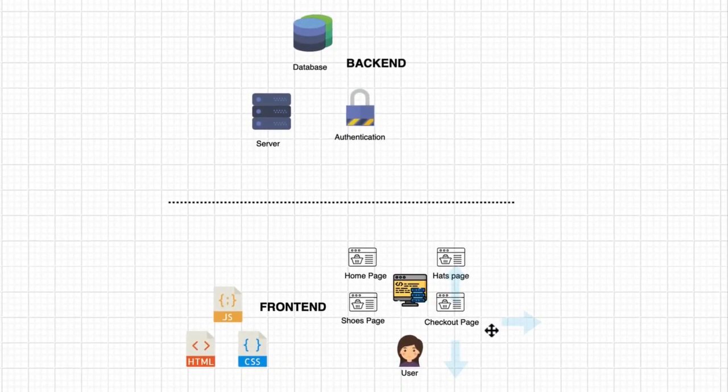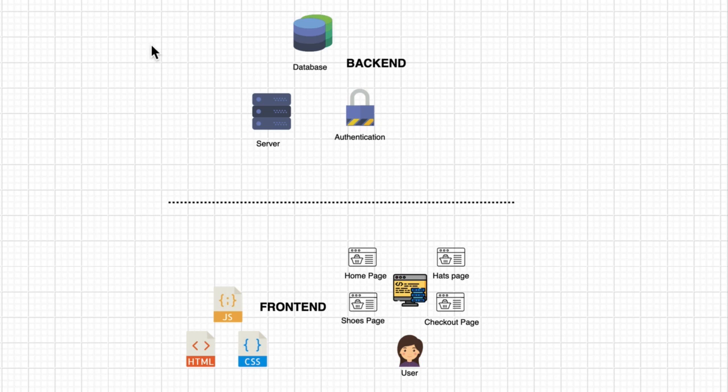So on our front end, for example, a user navigates to a hats page, and in our code, we would write something like, I want from our server the 20 latest hats that are available.